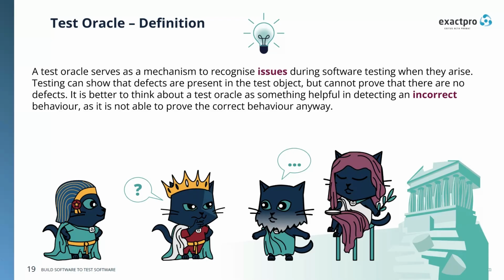It gives an indication that something can be incorrect behavior, rather than a definite pass or fail response. So a test oracle is more like an alert threshold to call a human, rather than a definite pass or fail mechanism.